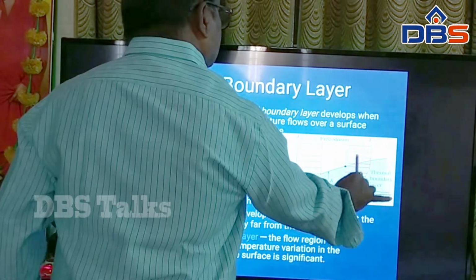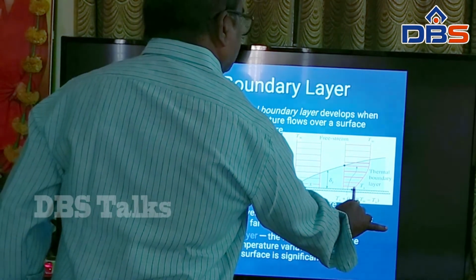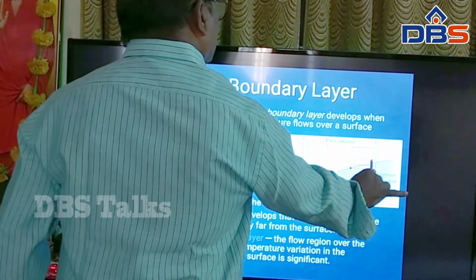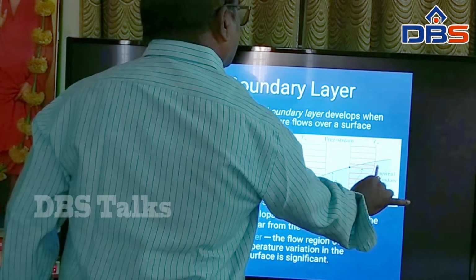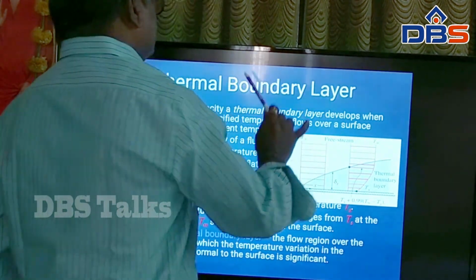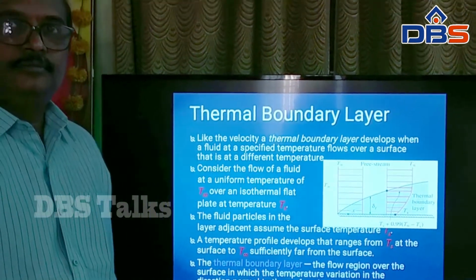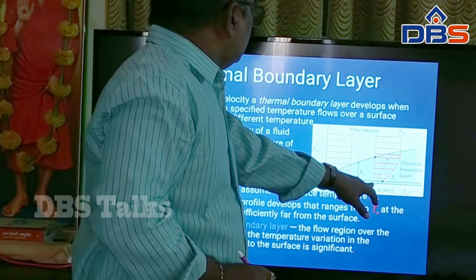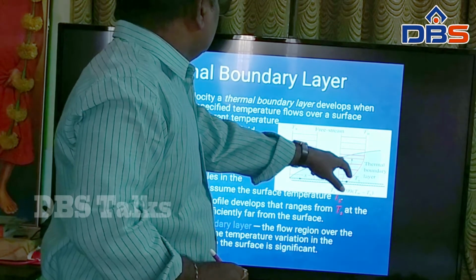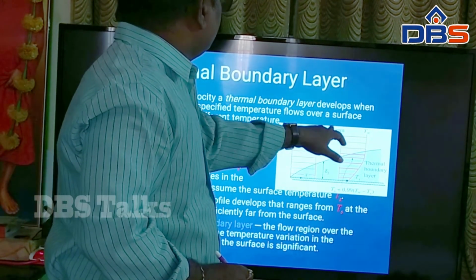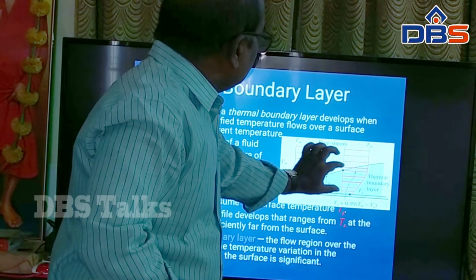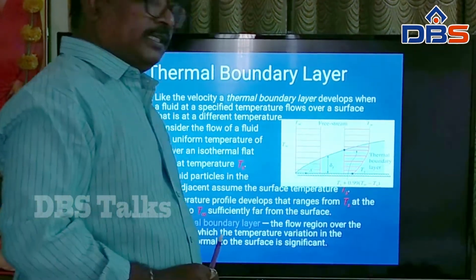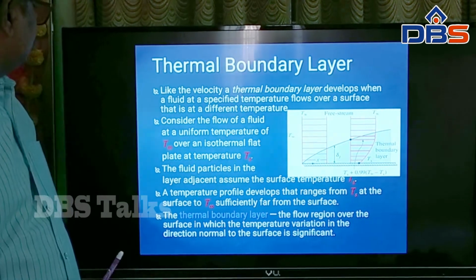When we move vertically, slowly there will be heat transfer, the temperature slowly reduces, and at one point it becomes equal to the free stream temperature. That particular height or distance we can call the boundary layer thickness, delta suffix T.